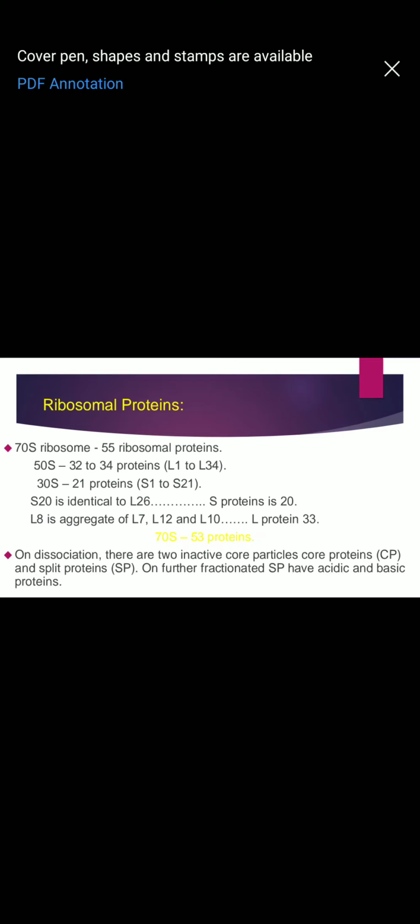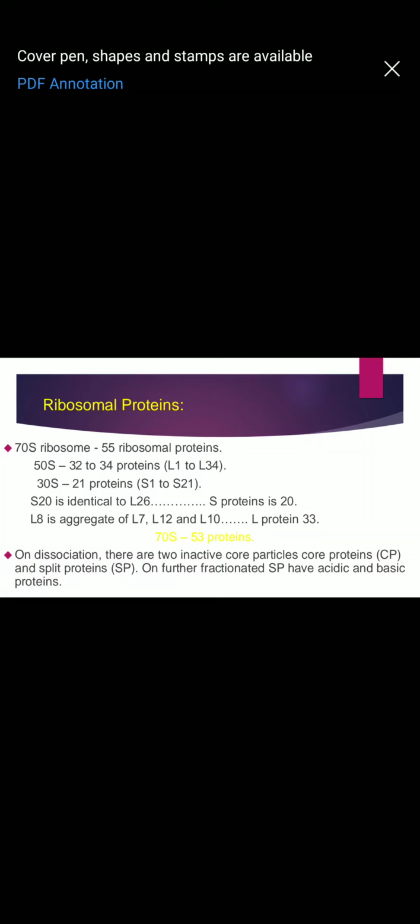How will we estimate how many proteins there are? We take the simple ribosome that is composed of 50S and 30S and dissociate it by centrifugation. Then we allow them to run in a cesium chloride gradient, with a gradient of 5 molar concentration.